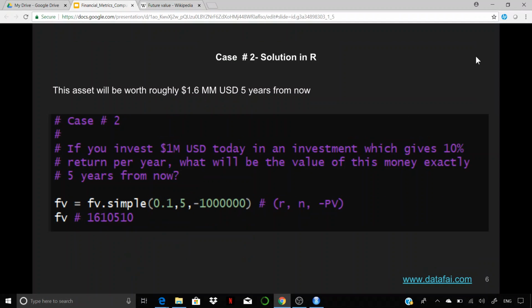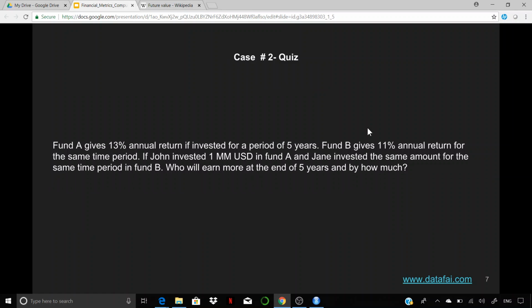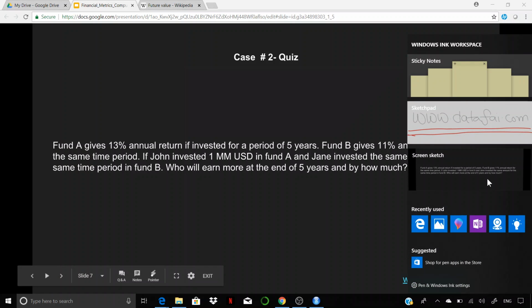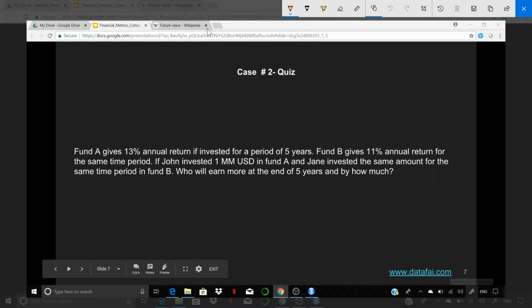Now I will do that in R, but let me also give you this quiz that you should work on, and it's going to leverage the same thought process. Fund A gives you 13% annual return if invested for a period of 5 years.